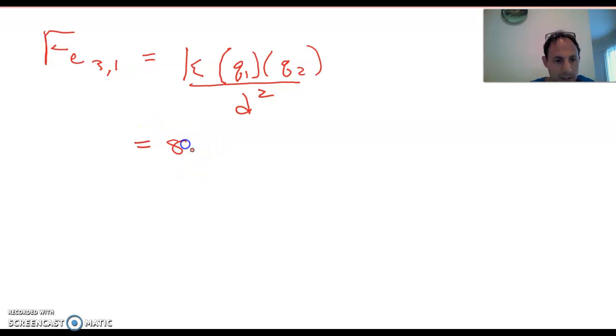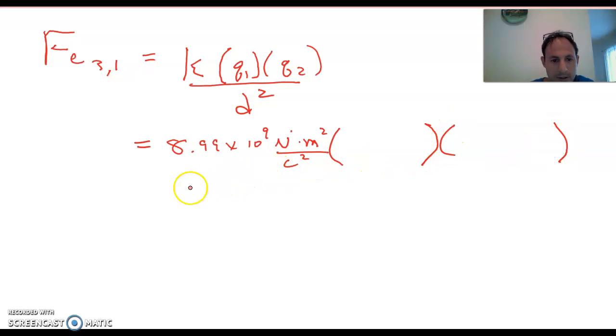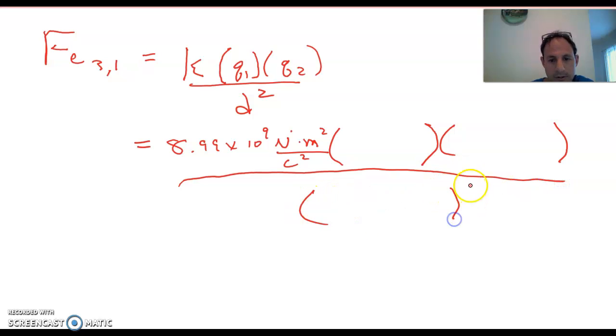So we got 8.99 times 10 to the ninth newton meter squared per coulomb squared, multiplied by the two charges, divided by the square of the distance between them.